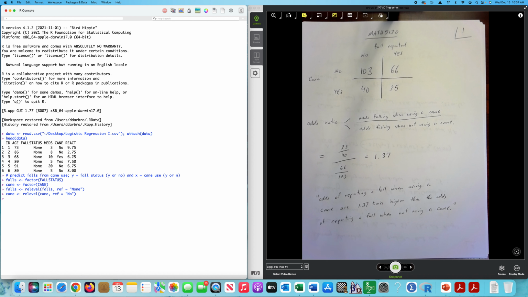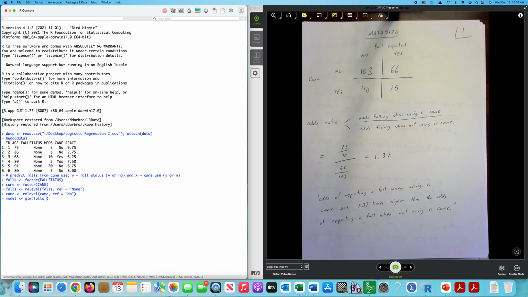So to run the model, we do something kind of similar, but instead of using an LM command, we use a GLM command, General Linear Model. But the variables are entered the same way.